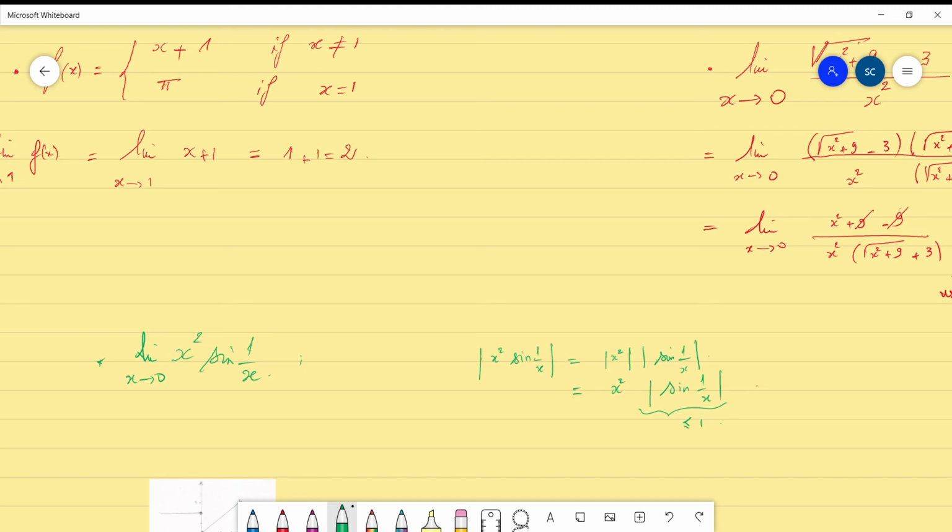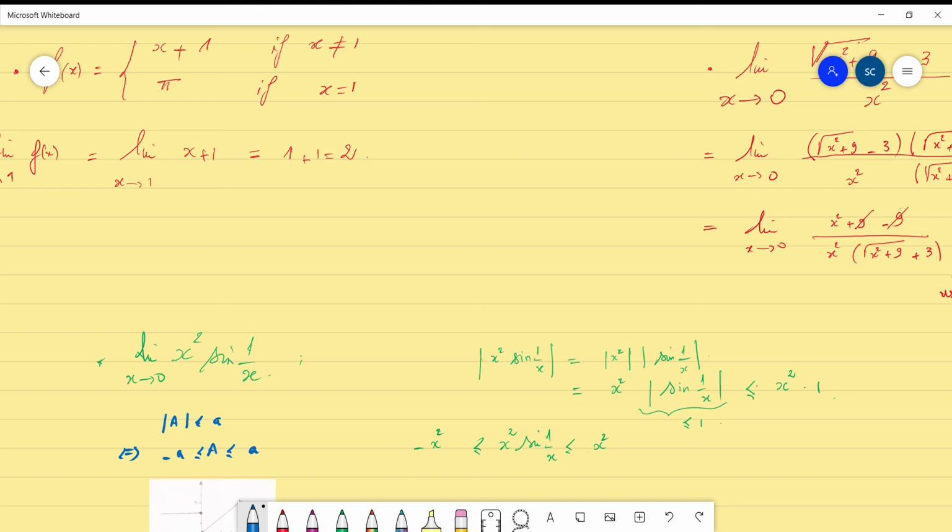So we can deduce that the whole quantity is less than x squared times 1. And then you can say that x squared sine of 1 over x is between minus x squared and x squared. Here I used something maybe you don't remember: that we say that the absolute value of a is less than a bound is equivalent to saying that it is between minus that bound and that bound.